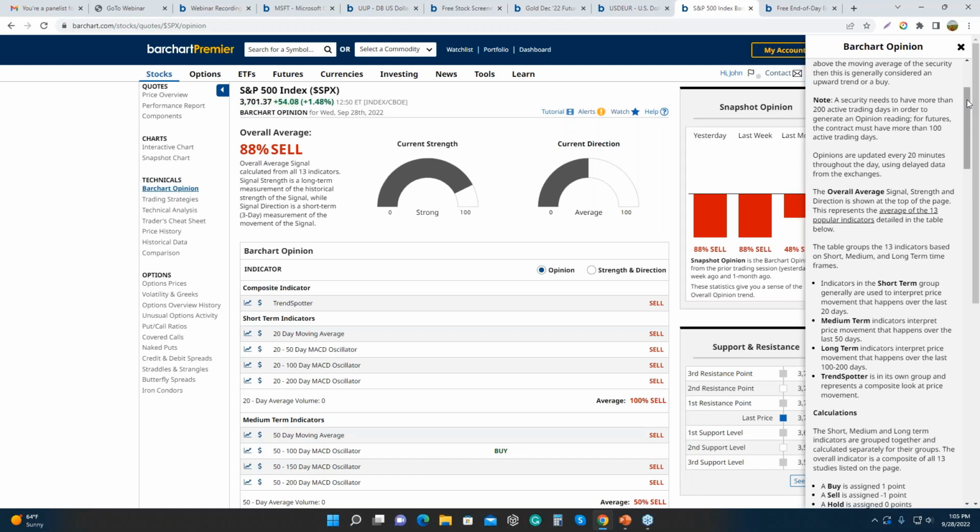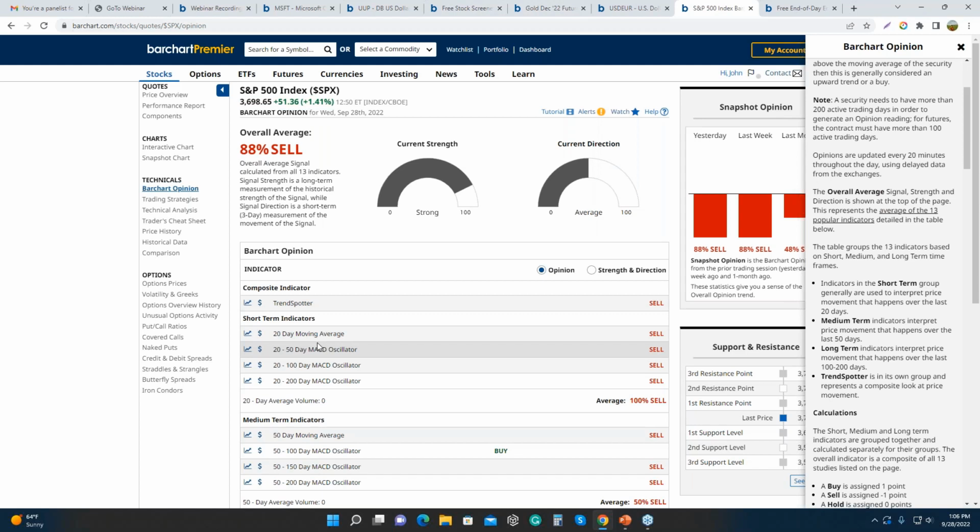Now, for example, if we're thinking about a moving average, because a moving average is a collection of data points from periods past, in an uptrend, price tends to be above that moving average. So when price crosses from below a moving average, that indicator will generate a buy signal.